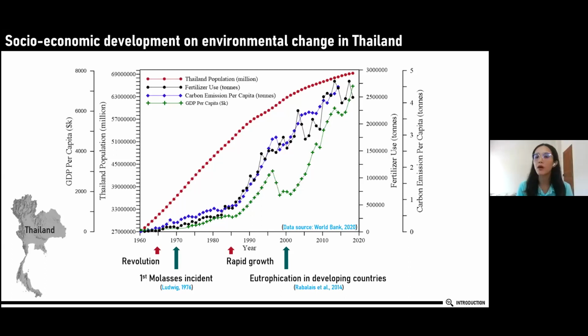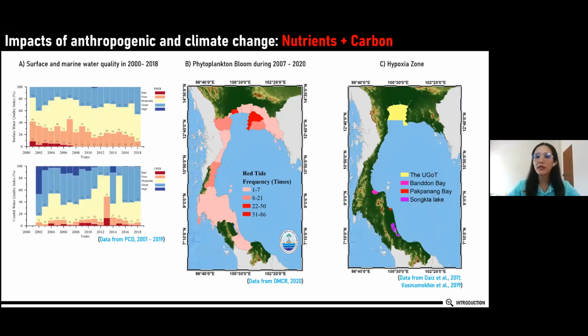The period of symptoms of eutrophication and hypoxia began in developing countries about 2000 and in developed countries about 1960.